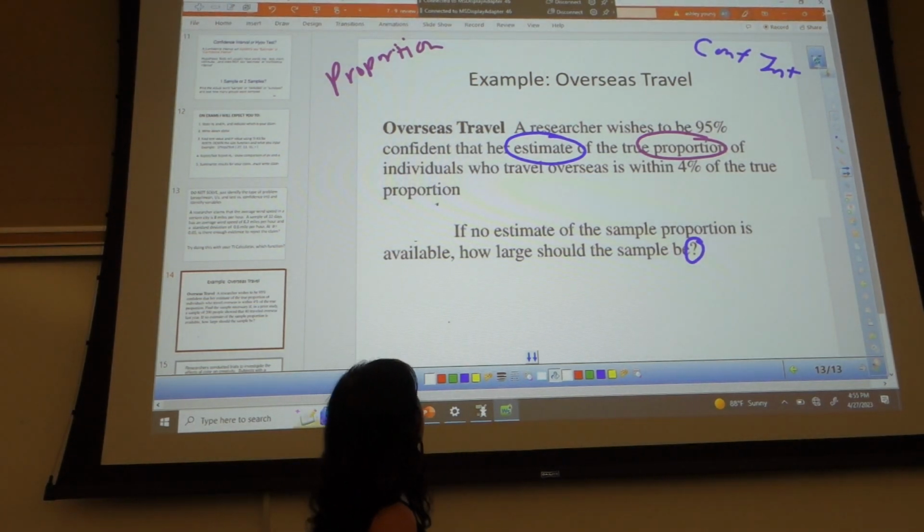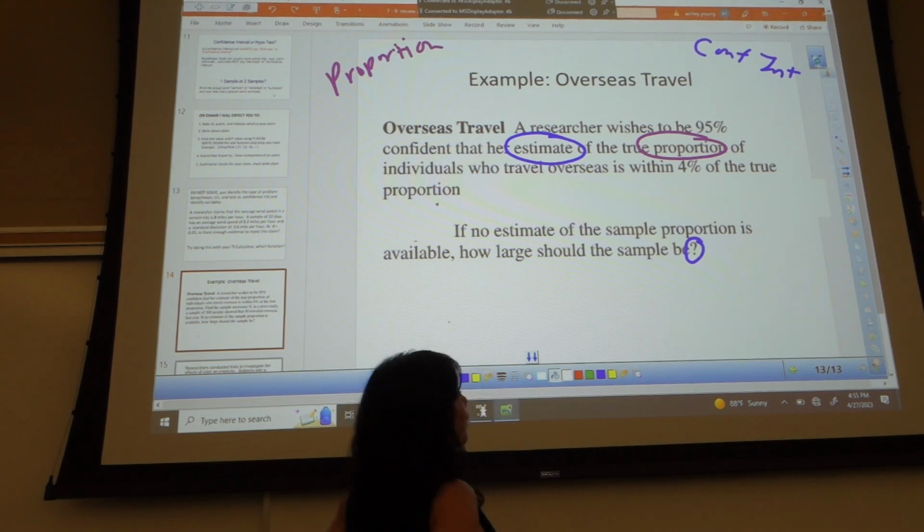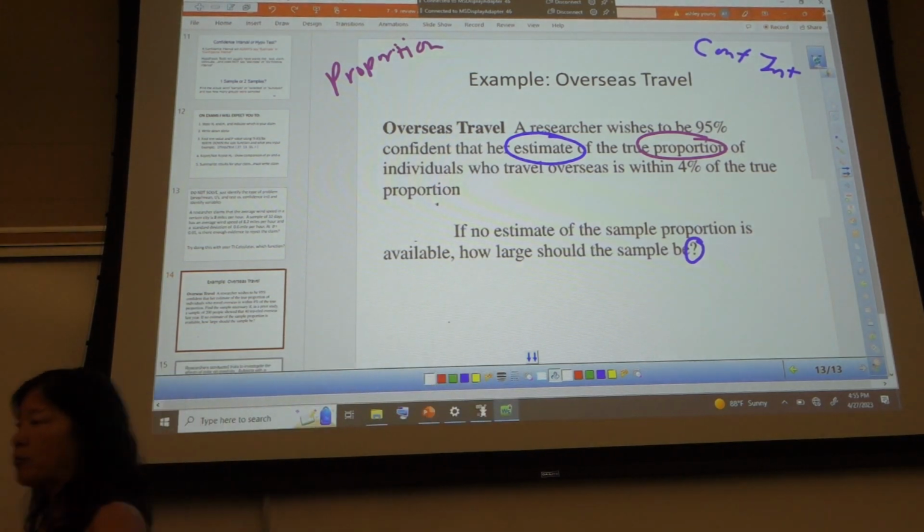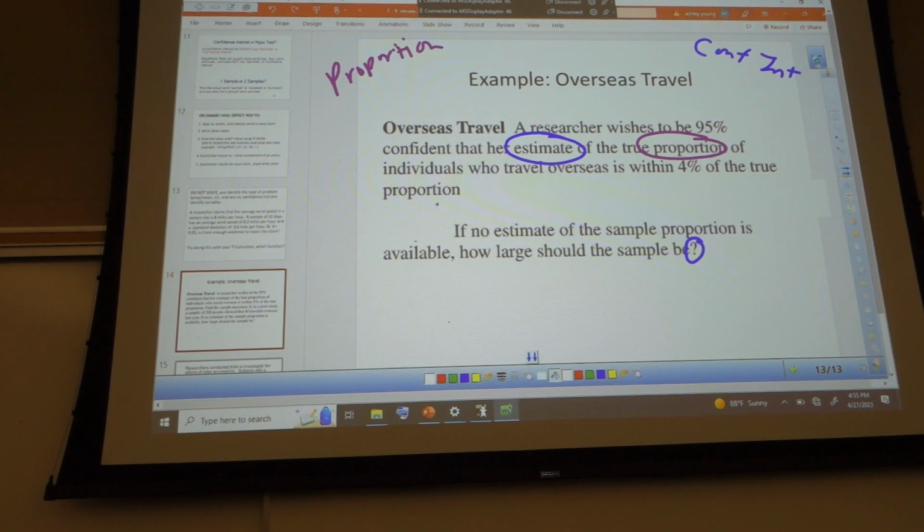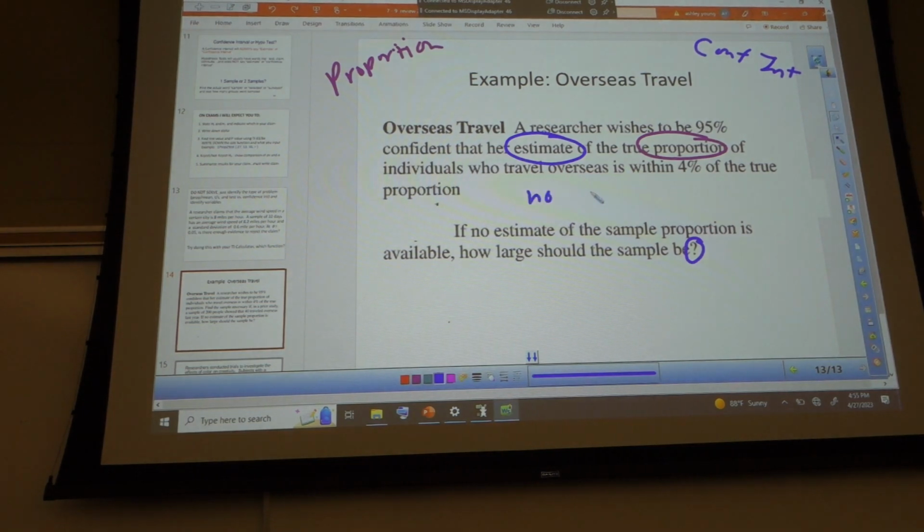Where's my n here? There is no n. Does everyone see that? So there's no n. How could you possibly find a confidence interval? That's because we're asking you, like Sean and Connor were talking about, how large should the sample be? A lot of you start picking up on that and saying, hey, wait a second, how large should it be? That really means, what is n?